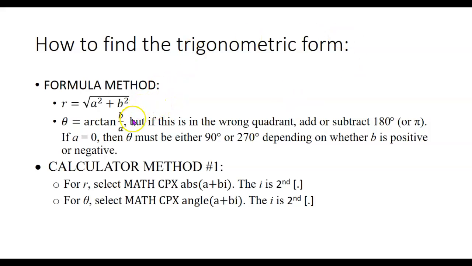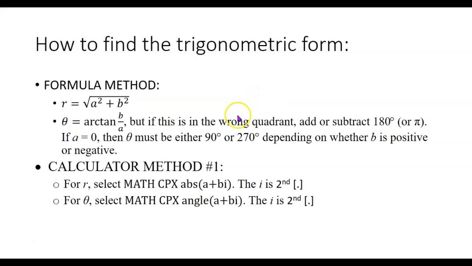The other complication is that this formula won't work if a is 0. You have a division by 0 error. But in that case, if a, which is your real part, is 0, then you're talking about a pure imaginary complex number that is on the imaginary axis.